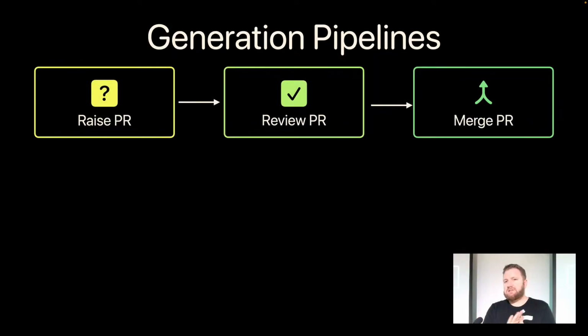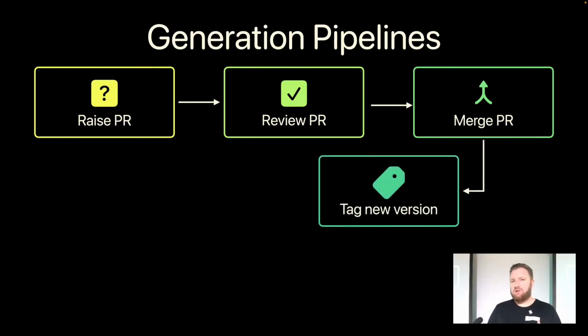So the process of raising an API request starts as you would imagine. You raise a PR, that PR is reviewed, CI checks run to make sure that everything can generate successfully, they haven't done anything illegal, and then it gets approved, and then it gets merged.